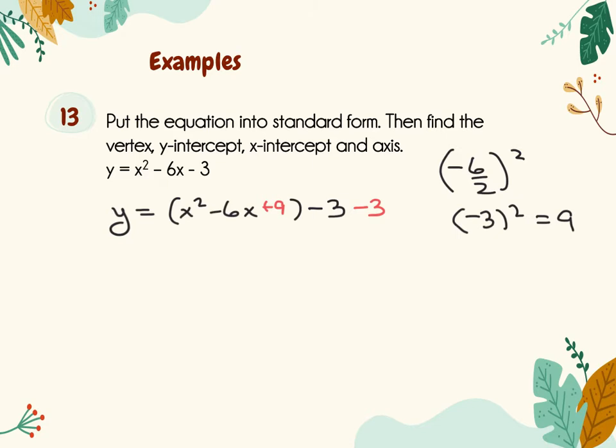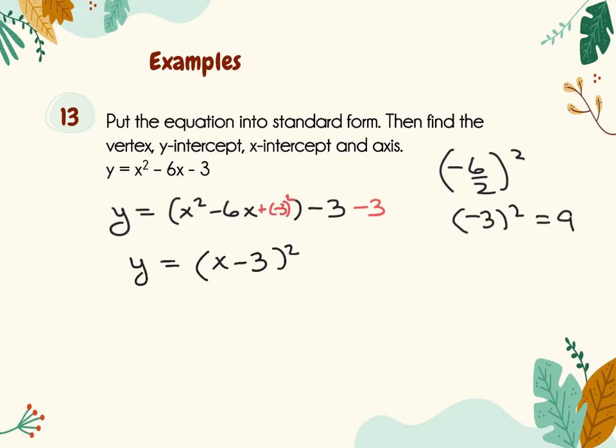If you recall back when I did this in chapter 1, I like to put not what I got when I squared, but what it was before I squared it, because that makes factoring this trinomial so much easier. So now I'm going to factor the trinomial, and it becomes x minus 3 squared.